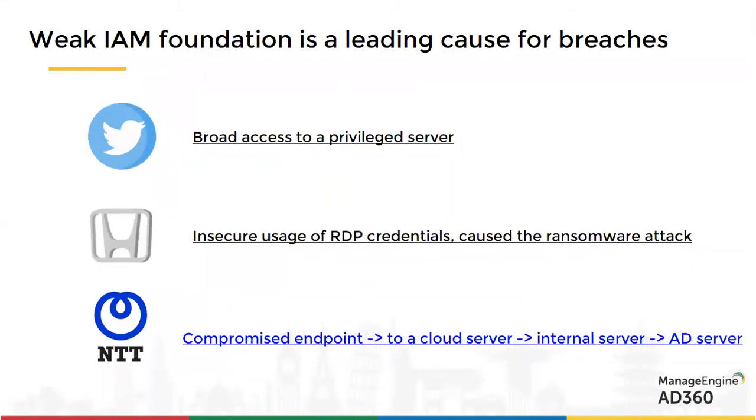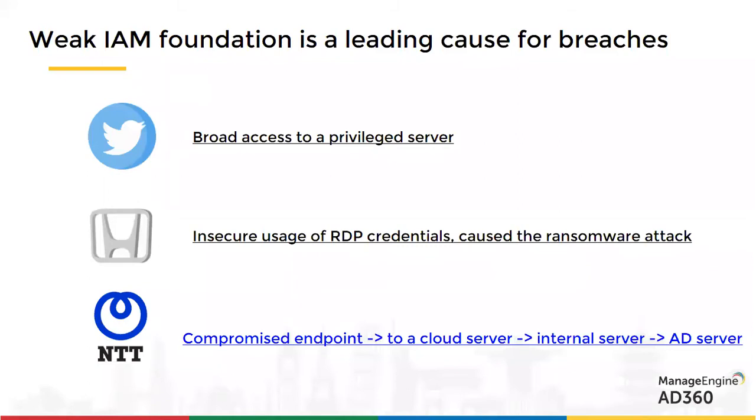I'm pretty sure you would have heard of the recent Twitter breach that compromised accounts of many, many celebrity users such as Elon Musk or Apple or Samsung, and they were able to tweet cryptocurrency scams from these accounts. The reason these particular attacks happened was because of improper identity and access management. If not the only core reason, identity and access management played a crucial role in all of these attacks.